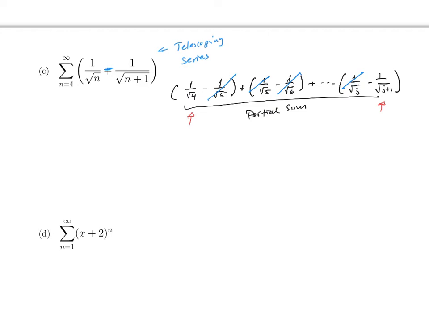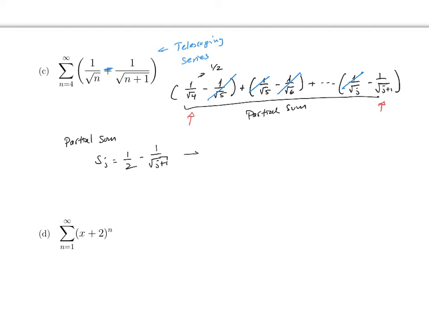So therefore, the partial sum, which is denoted by S_j, is going to be 1/2. Remember that this is equal to 1/2 minus 1 over j plus 1, because those are the only two terms that remain.